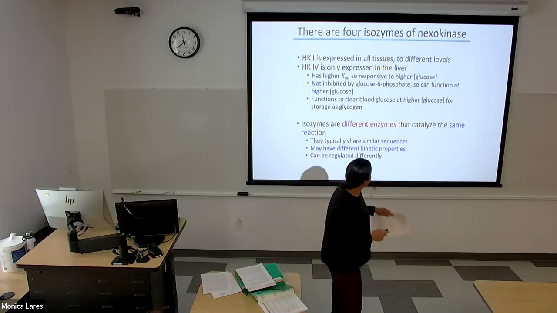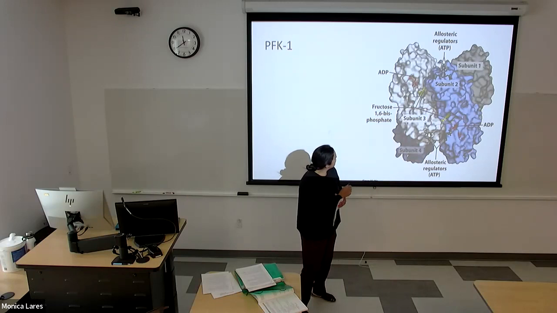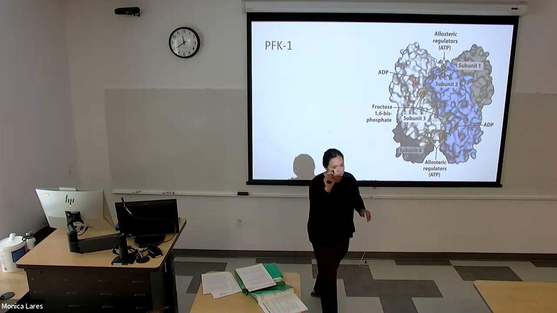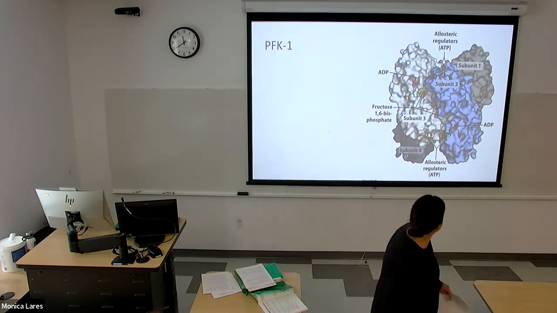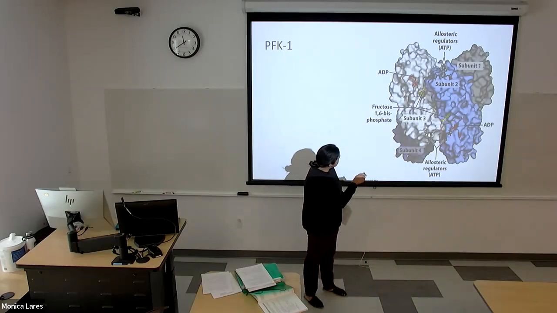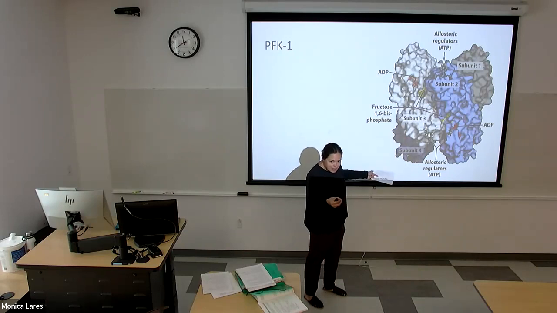So if we go back and look at that picture, we can see here that here's fructose 1,6-bisphosphate in yellow. Remember, that's the product of this. ADP is also a product. So those are active sites, right? They just made the products. Again, in yellow we have our fructose 1,6-bisphosphate, and red is this ADP.